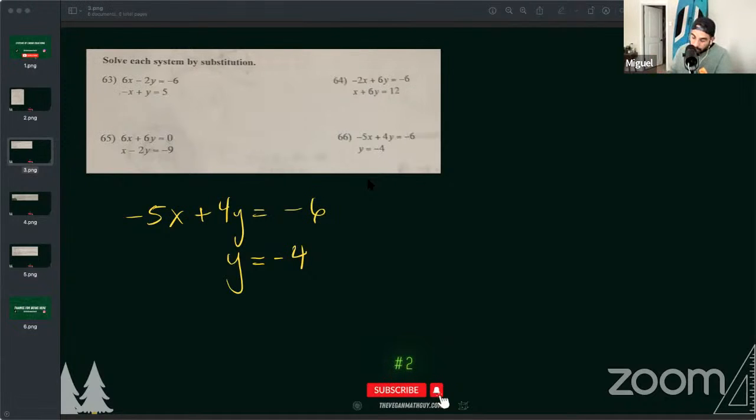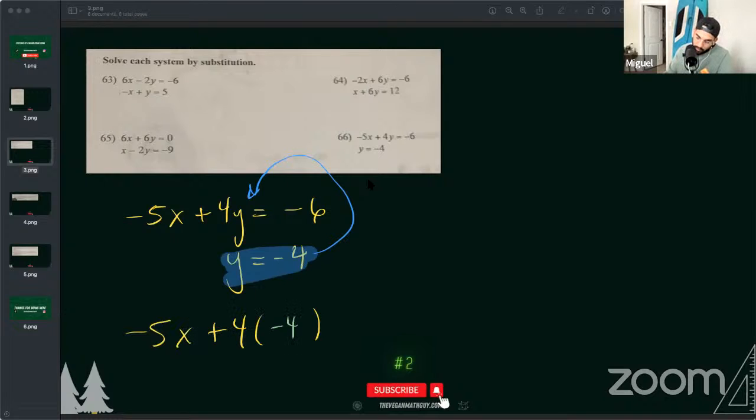So all we have to do is substitute, aka plug that in for the value of y in the first equation. So that gives me -5x plus 4 times -4 is equal to -6. So that's -5x minus 16 is equal to -6.